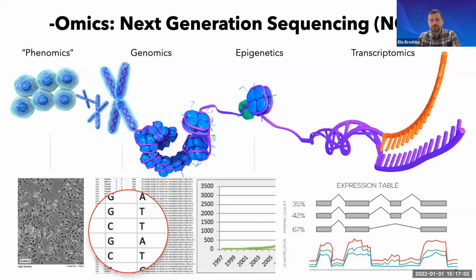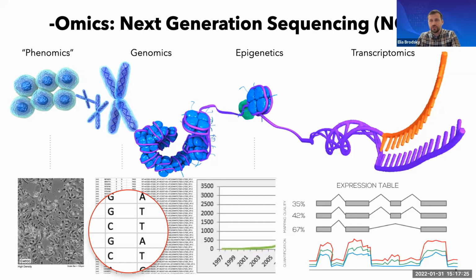Typically, omics refers to high throughput automated technologies that allow us to generate large quantities of data. So for example, for phenotyping, we can use imaging, and then analysis of that imaging data can help us understand differences between cell morphology, or maybe tissue specificity, maybe identification of tumors and things like that.